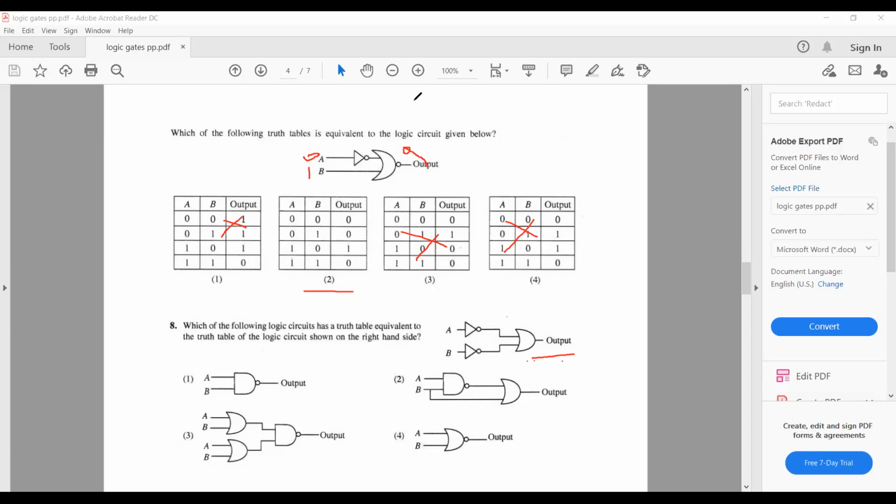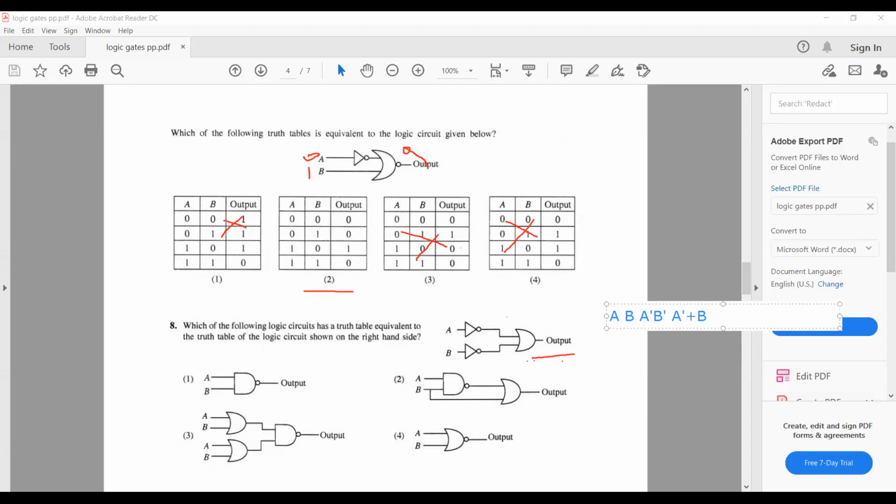If I write here A, B, then A dash, then B dash, then A dash plus B dash.